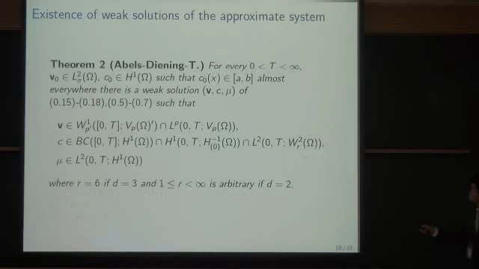So this is our result: for given T finite and d_0 in L²_σ, which is a divergence-free L² vector field in Ω, and c_0 in H¹(Ω) such that c_0(x) is in this interval almost everywhere in Ω, there is a weak solution (d, c, μ) of the approximate system such that this is satisfied.